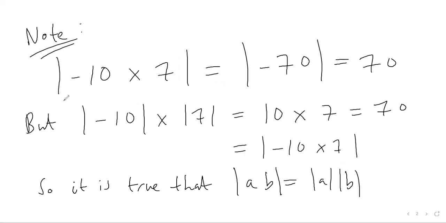And that's the same as the modulus of minus 10 times 7. So one fact about the modulus operation is that the modulus of a times b is equal to the modulus of a times the modulus of b, where a and b are real numbers. So that's just something to bear in mind.